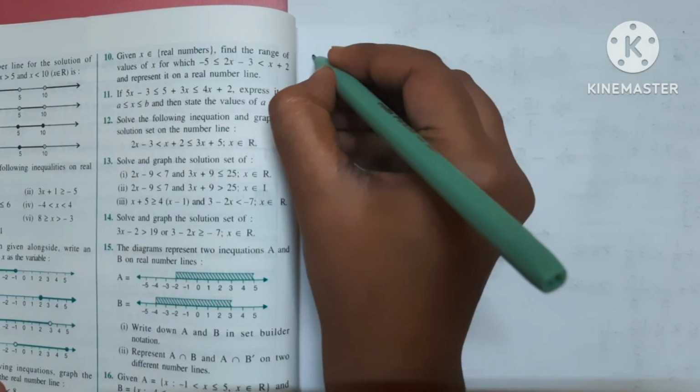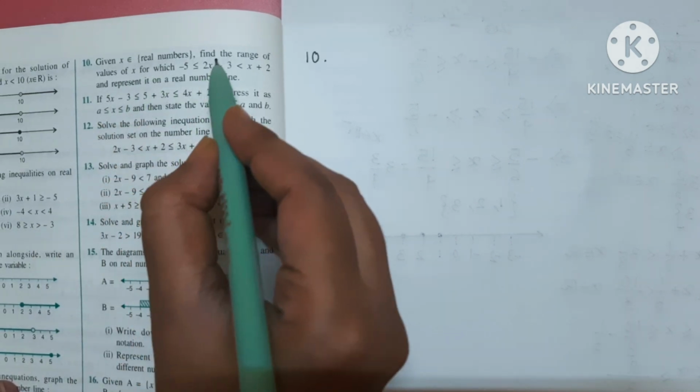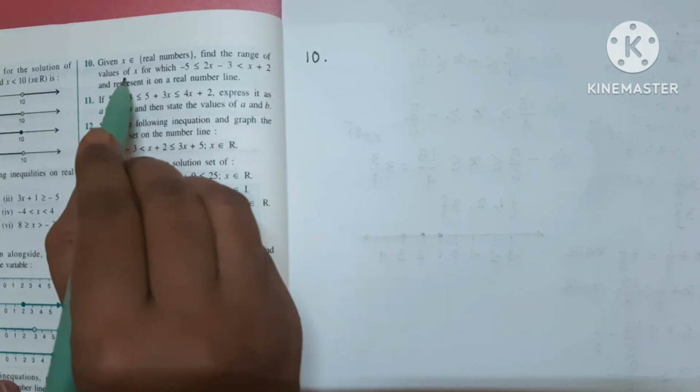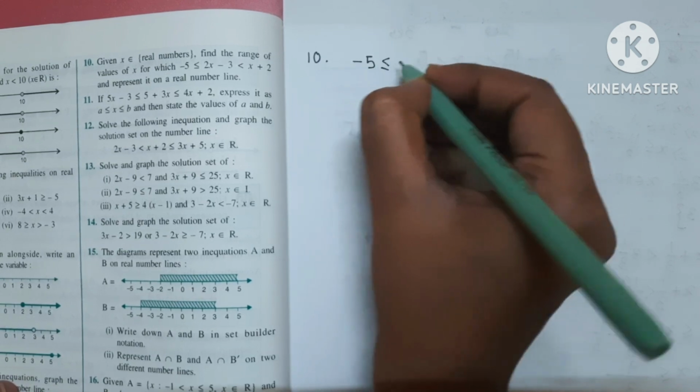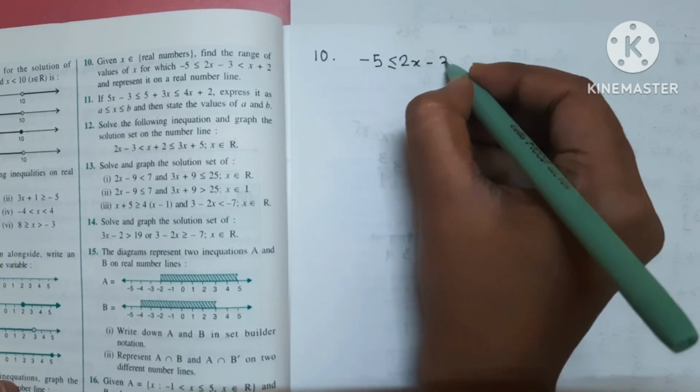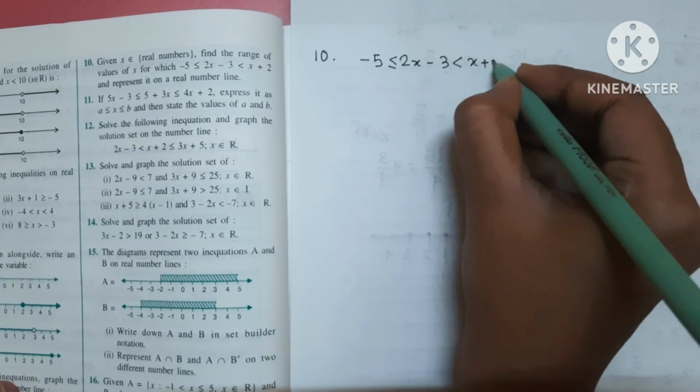Now see question number 10. x belongs to R. Find the range of values of x for which minus 5 less than or equal to 2x minus 3, that is less than x plus 2.